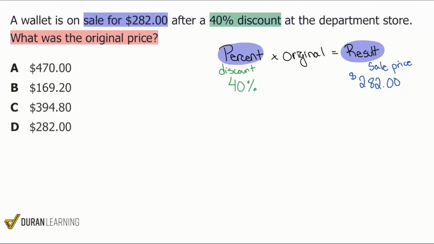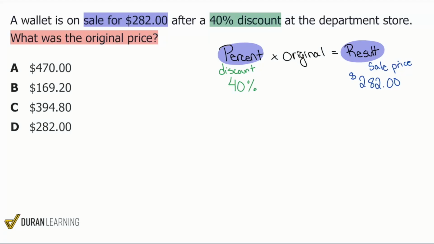Everyone, you tell me, when we take a look at the setup, do the 40% and $282 represent the same fundamental idea? Sale price here, discount there. Are those the same thing? Let's think about it, everybody.